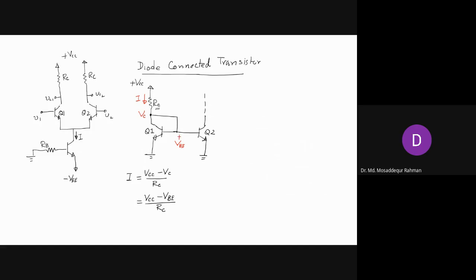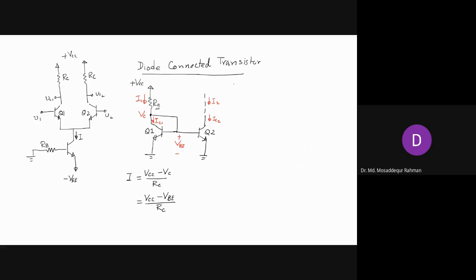They have a common base to emitter voltage. Let's say current flowing here is I1, and then here the collector current IC1. And then current here is I2, which will be same as the collector current IC2. Right?